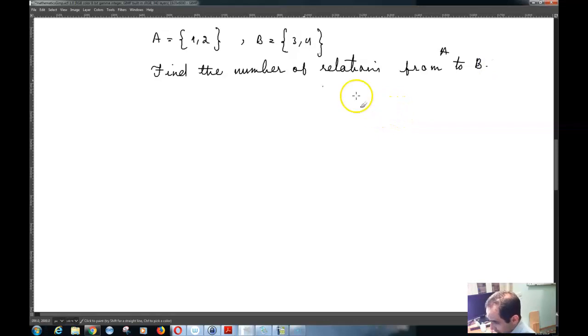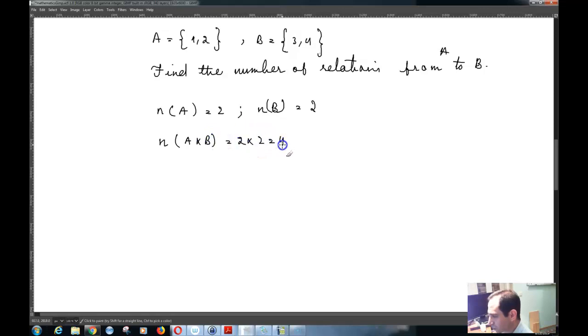So n of A is equal to 2, n of B is equal to 2. So n of A times B is equal to 2 times 2, which is equal to 4.